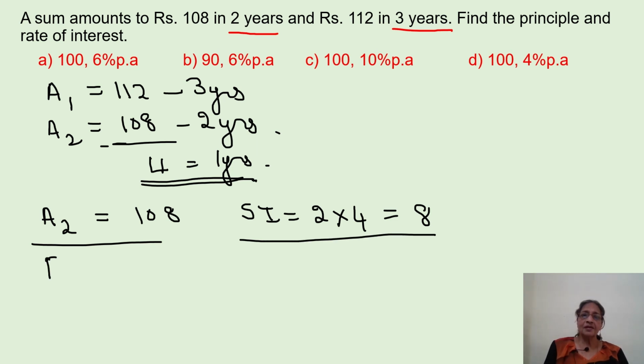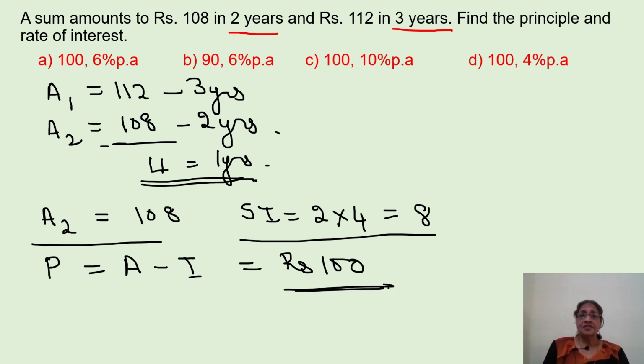So the principal will be amount minus the interest. So in this case, rupees 100. Since I know the simple interest, I know the principal, definitely I can find the rate by using the formula.